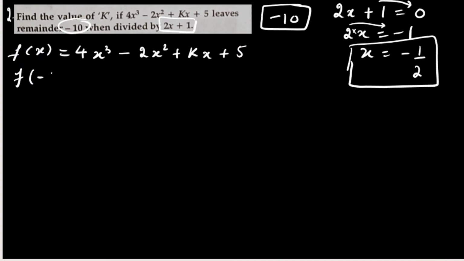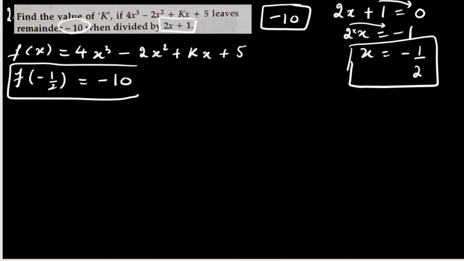So f of minus 1 by 2 is equal to minus 10. This step you have to write. When it is a factor, that time the remainder will be 0. This is the remainder, and in f we just write the value in place of x. So this is how we are going to do this question.